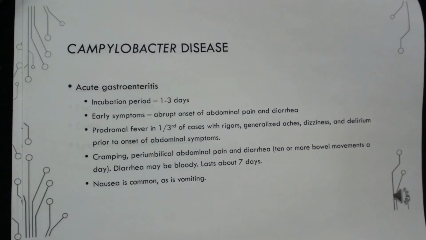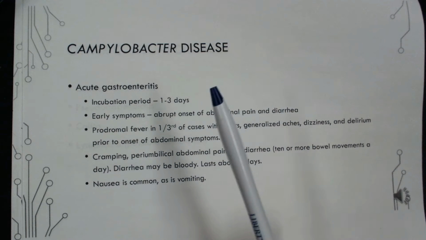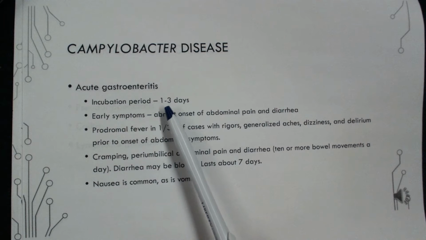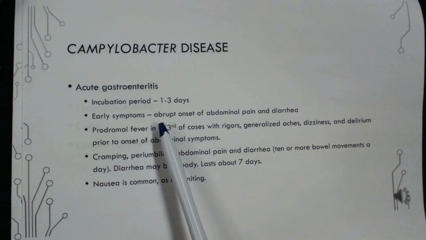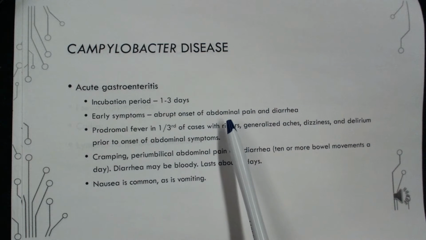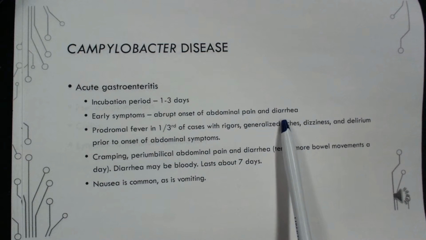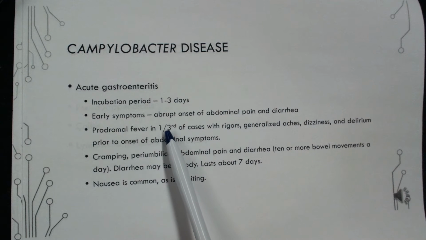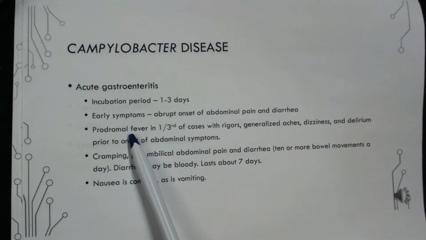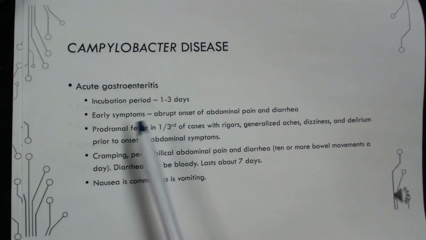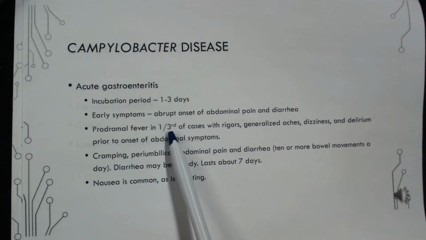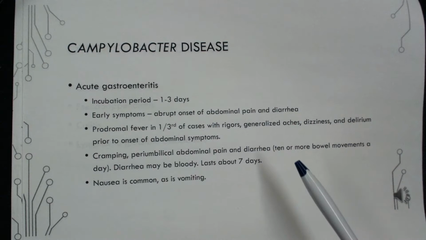So the disease caused by Campylobacter, you have an incubation period of about 1 to 3 days. The early symptoms, the onset is quite abrupt. You have abdominal pain and diarrhea. Some cases you have prodromal fever. So before this onset, you have a fever about 30% of the cases.